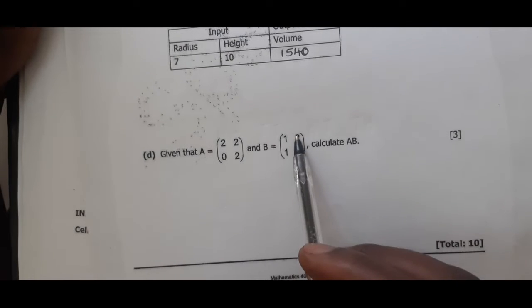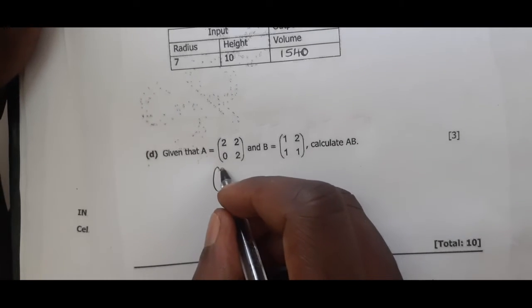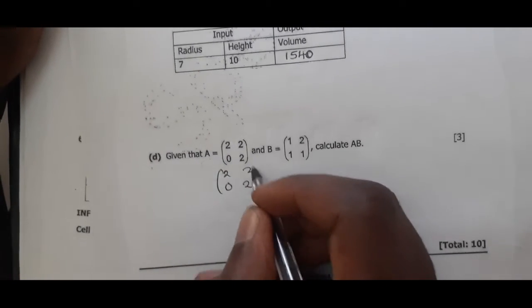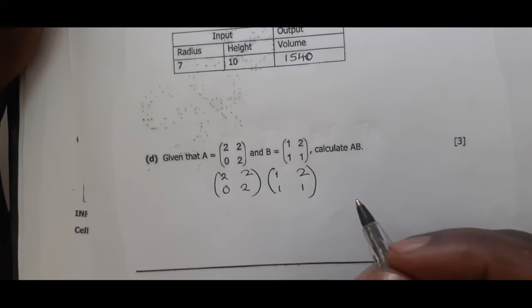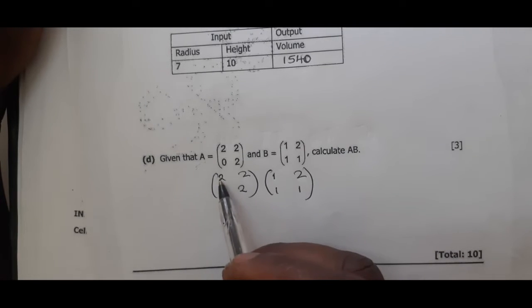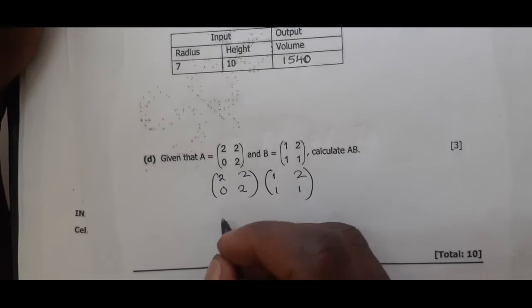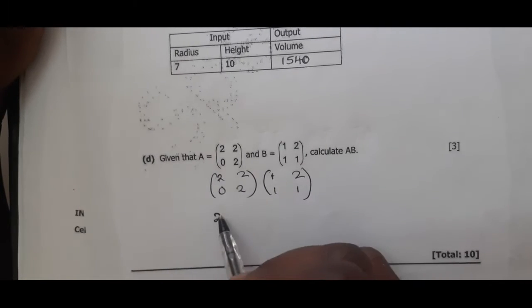This question is on matrices. A matrix A is given by this, matrix B is given by this, then this is telling us to multiply. So multiply these two matrices. 2, 2, 0, 2 multiplied by 1, 2, 1, 1. So 2 multiplied by 1, we're getting 2.